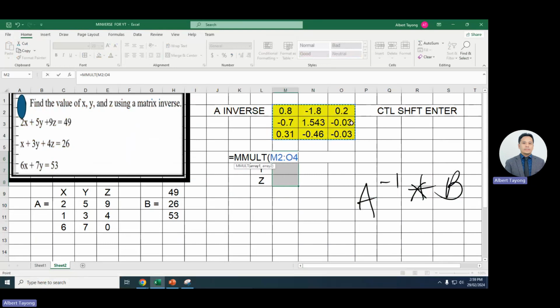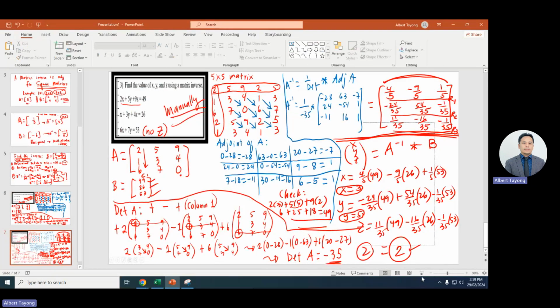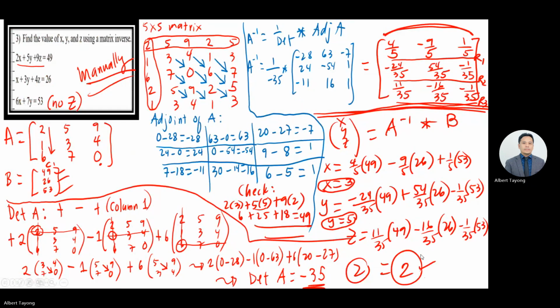Select the inverse, comma, select the elements of b, Control Shift Enter. So the values are 3, 5, 2, which are equal here. We have 3, 5, and 2.